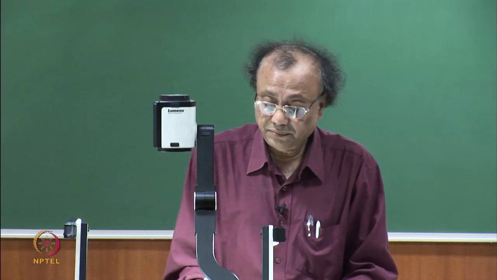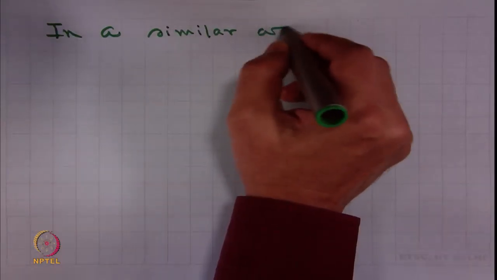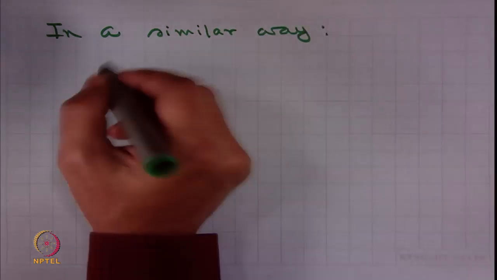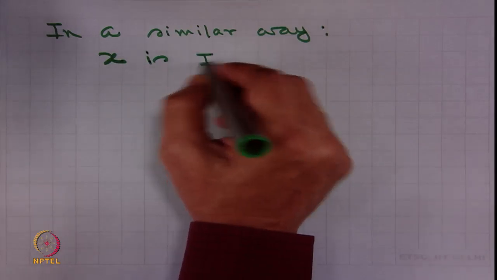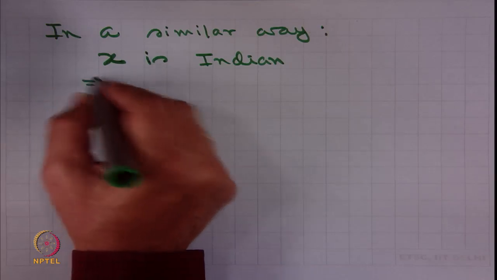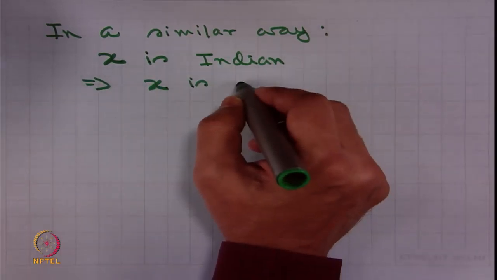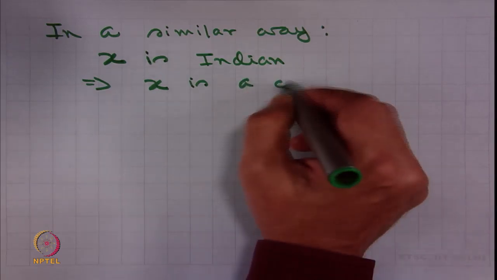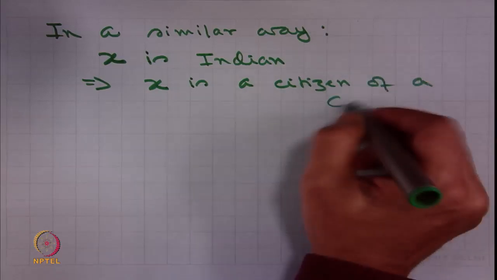In a similar way, x is Indian is essentially we mean x is a citizen of a country.